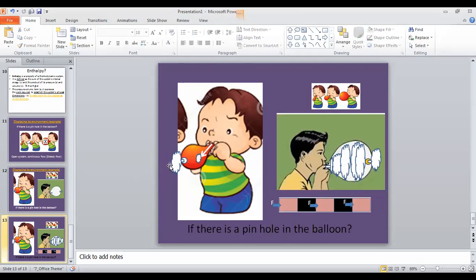Like this, see here on the right side, you can see it coming in, displacing all, and coming out. Continuous flow. This is what you can see if there is a pinhole in the balloon.